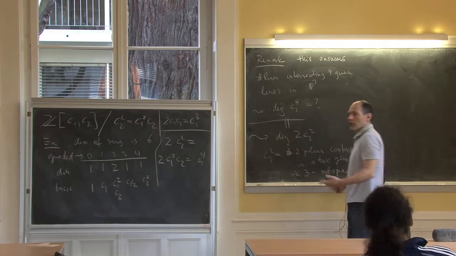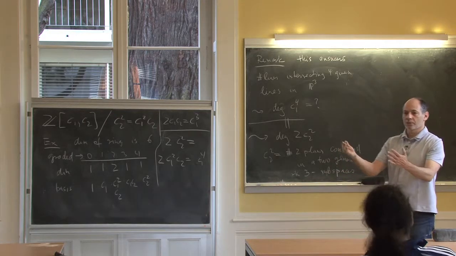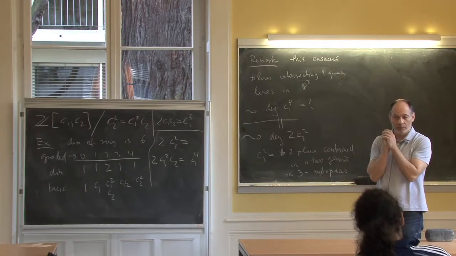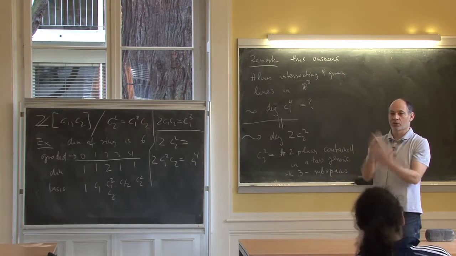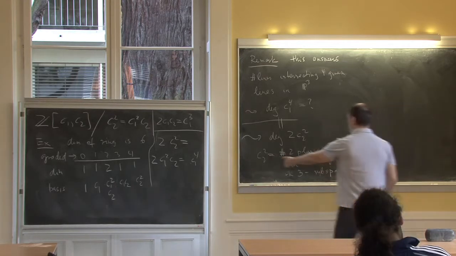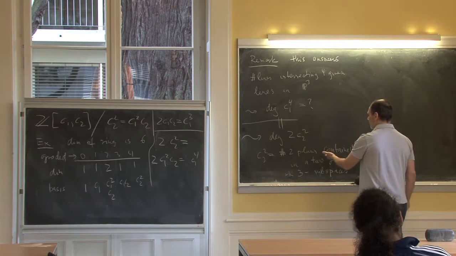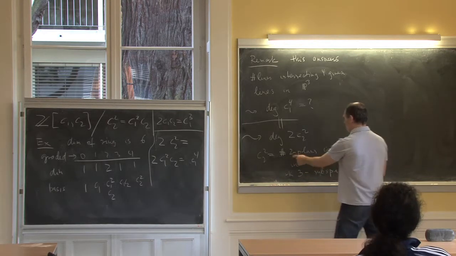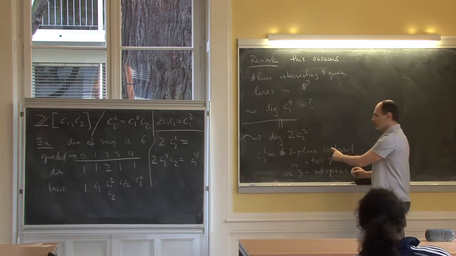And of course, that's 1. If you take a 3-dimensional space and another 3-dimensional subspace in 4-dimensional space, they intersect in a 2-dimensional subspace, and there's a single 2-dimensional subspace contained in that. So C2 squared is just the enumerative question: you take 2-dimensional planes.